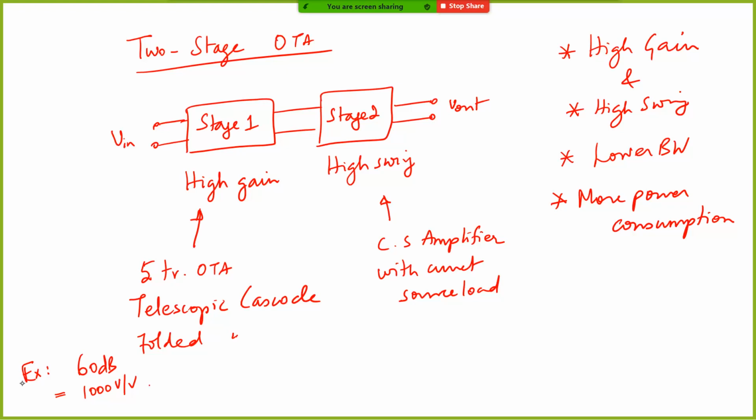between the two stages. So, a gain of, let's say, 1000 can be, of course, partitioned in so many different ways. But you can do something like, a common source can give you a gain of 10 volt per volt, and you put a gain of 100 for your stage 1. Now this partitioning can go either way.